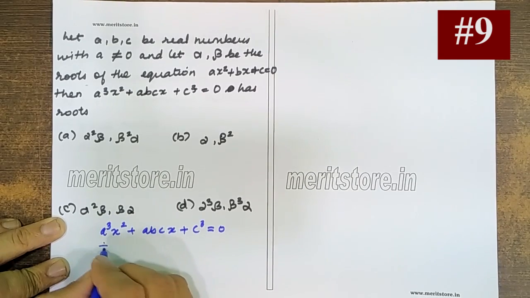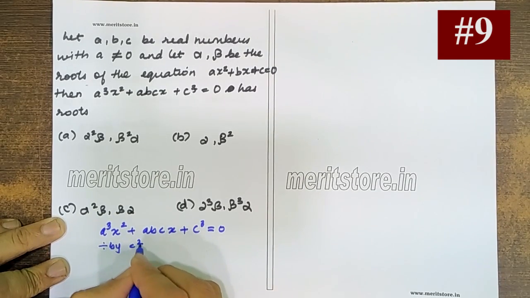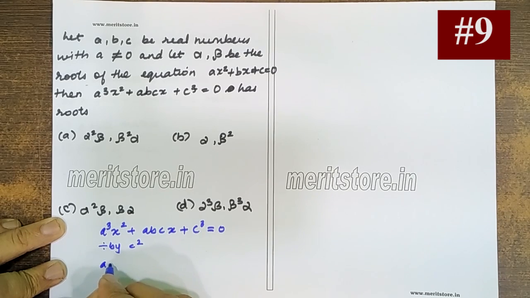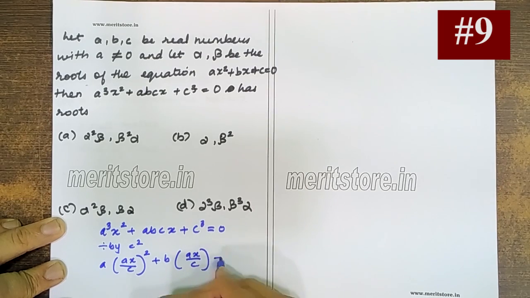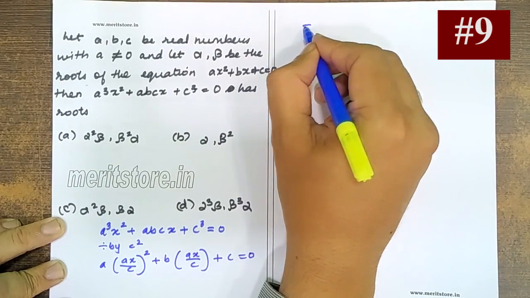Now we will divide both sides by c square. So we will get a into bracket ax by c the whole square plus b into bracket ax by c plus c is equal to 0.